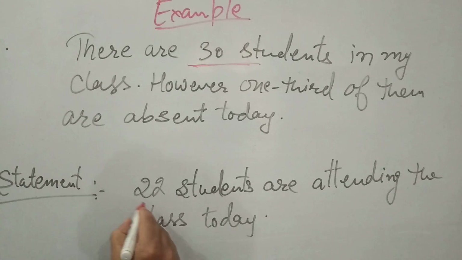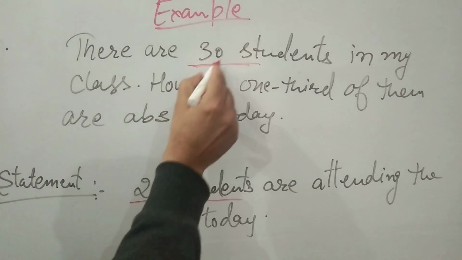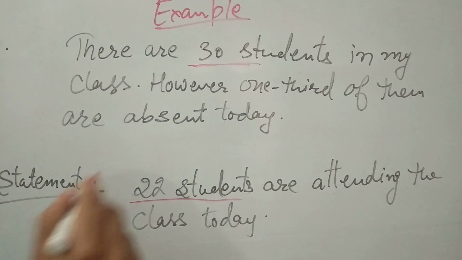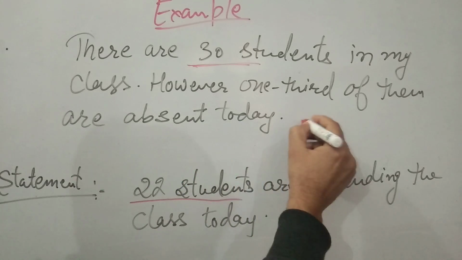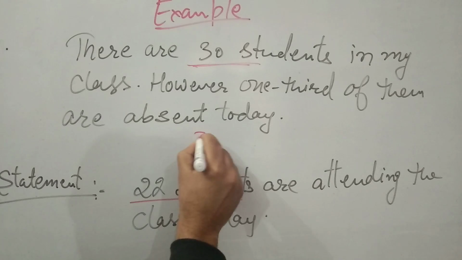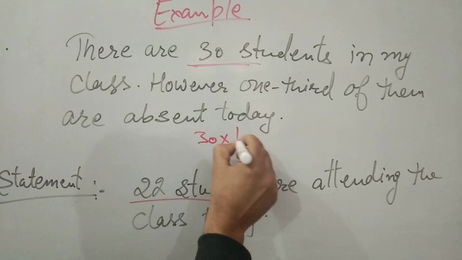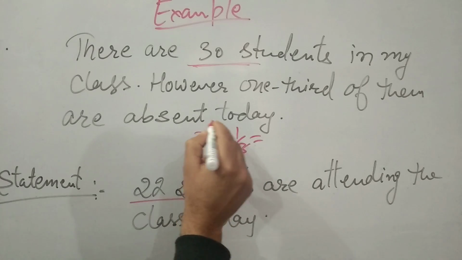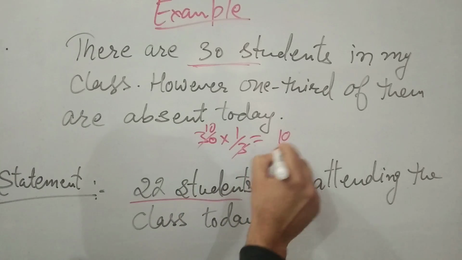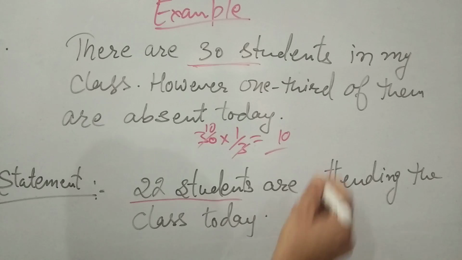The statement says 22 students are attending, and here it says there are a total of 30 students and 1/3 of them absent. So we have to do a little calculation. 30 multiplied by 1/3 equals 10. So 10 students are absent.